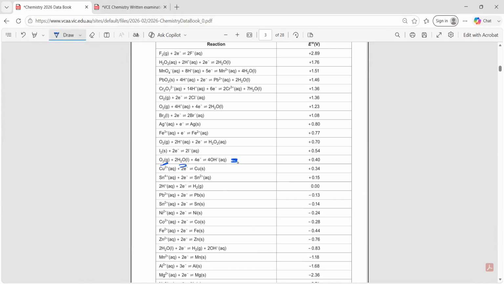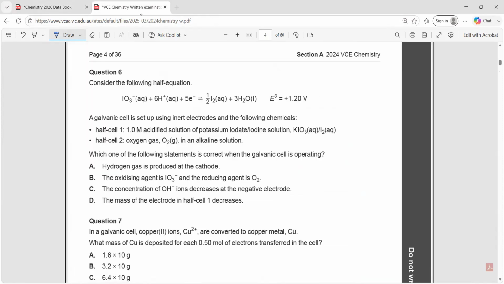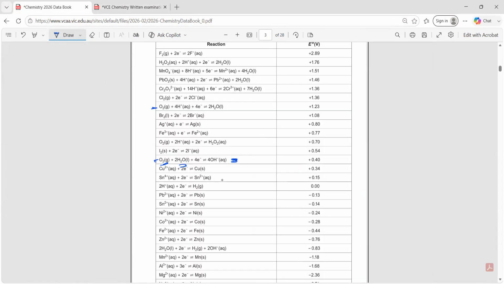Don't think so. So it'd be that one. The other reason I know that is because that and that are pretty much the exact same thing, except it's basic instead of acidic environment. So it's that, and then this is 1.2 volts. So the other equation is 1.2 volts, which is somewhere there anyway.